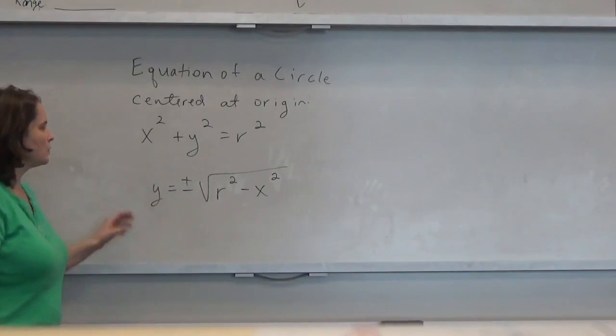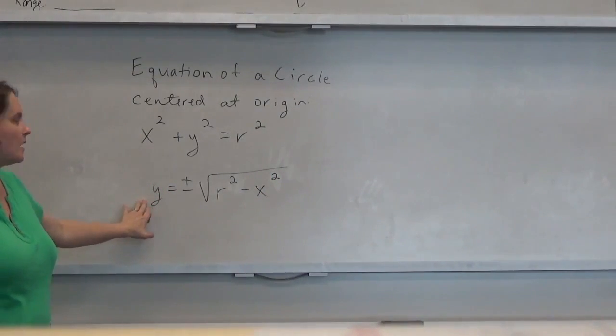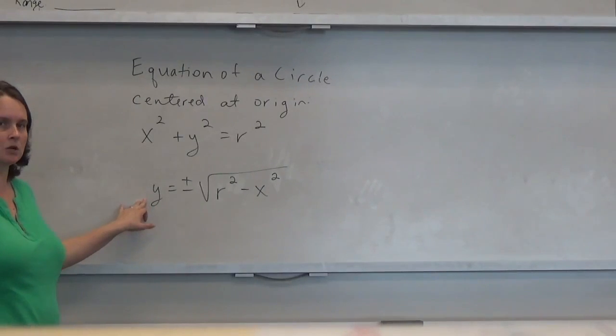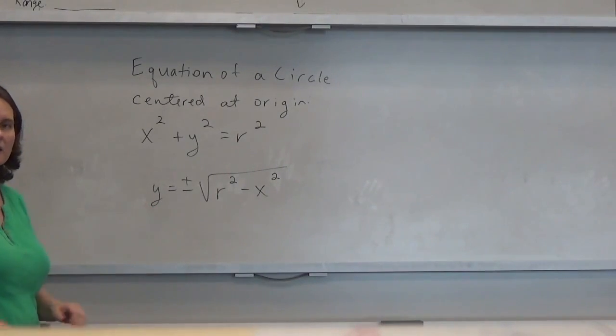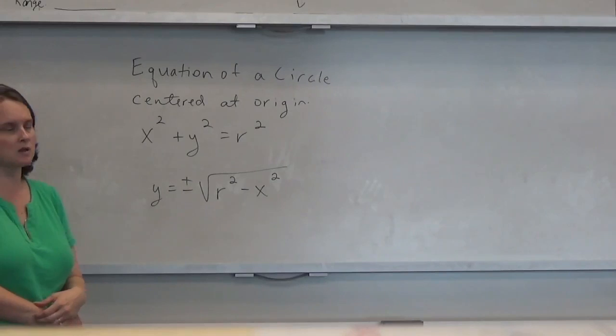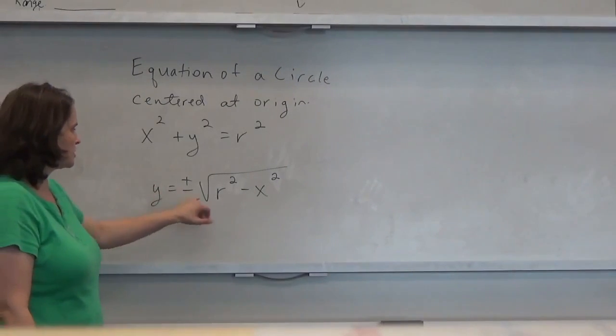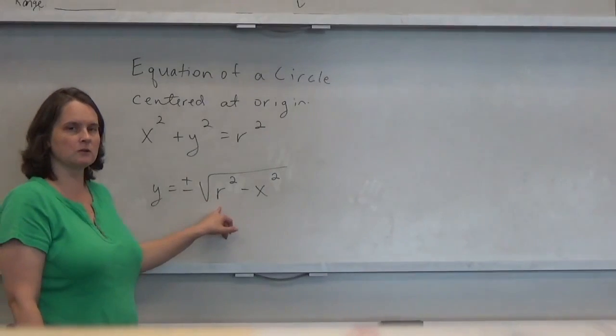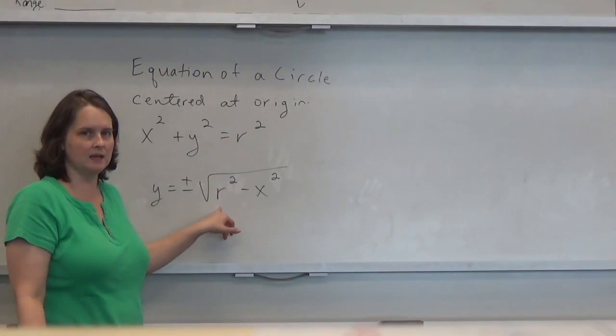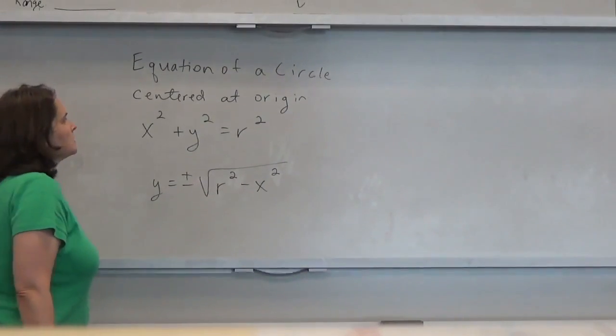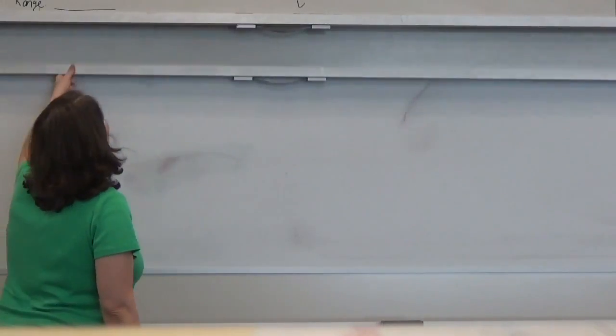So with this knowledge, we can now talk about how we can graph semicircles. We're not really going to be doing a lot of plotting points for the semicircles. You can if you want to. But if we know that this is centered at the origin and we know how to find our radius, that's all we need in order to graph this. So let's move on to number 5.